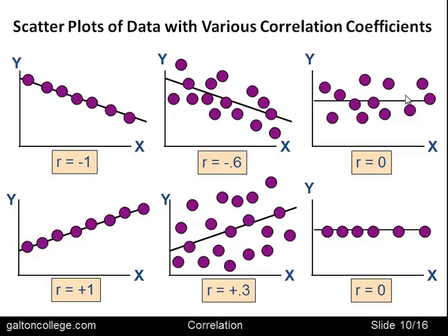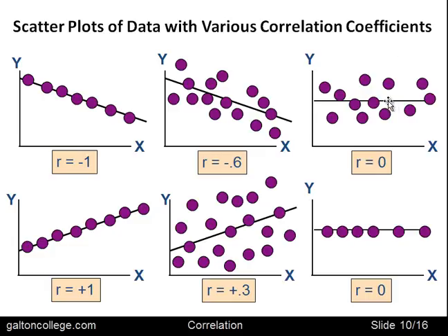And over here, the observations are off the line, but y is a constant here, and x is varying. Well, there's no relationship between them then. So it's 0.